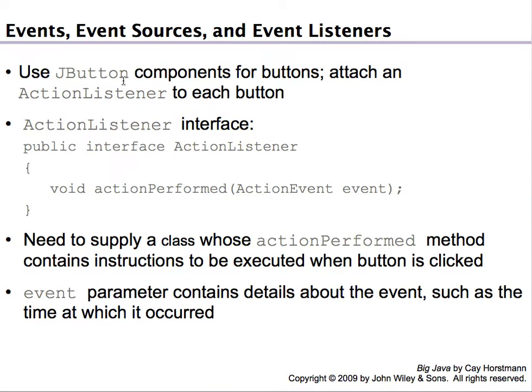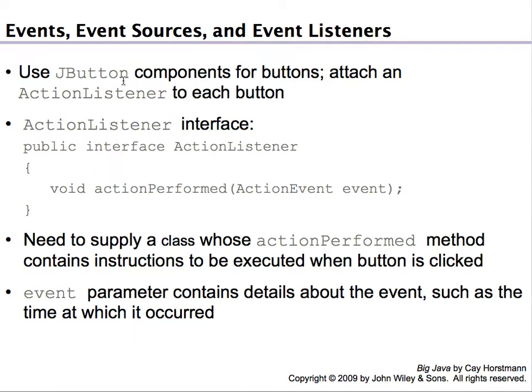For every component and every type of event that Java supports, the library contains an interface that has the contract you need to follow if you want your class to respond to this particular event. If you want the Java runtime environment to go to your class when a button is clicked, you have to follow the rules of the action event, and these rules are defined in an interface called ActionListener.